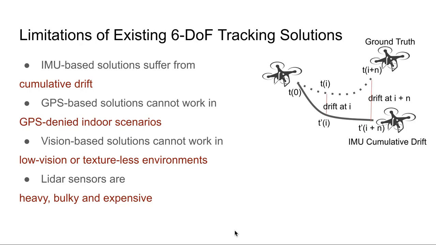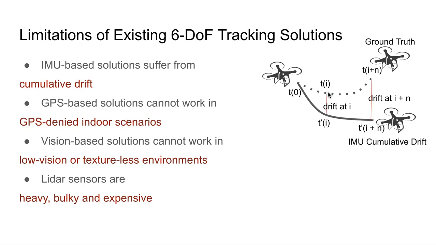At time i, there's some error, the drift, which is the error in 3D, XYZ here. As time goes on, this drift will accumulate. Between any two frames, we can infer delta X, delta Y, and delta Z, and also the change of orientation in 3D.